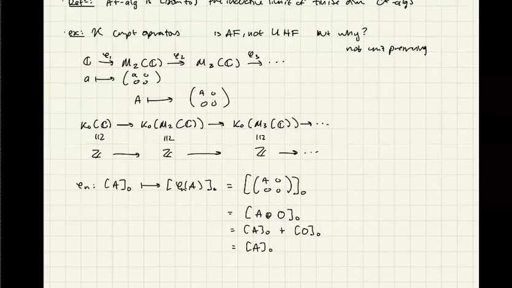So I didn't do anything when I applied this phi n, right? So what this is saying, oopsies, I forgot my K0, what this is saying is the induced map will be the identity on our K0 groups.